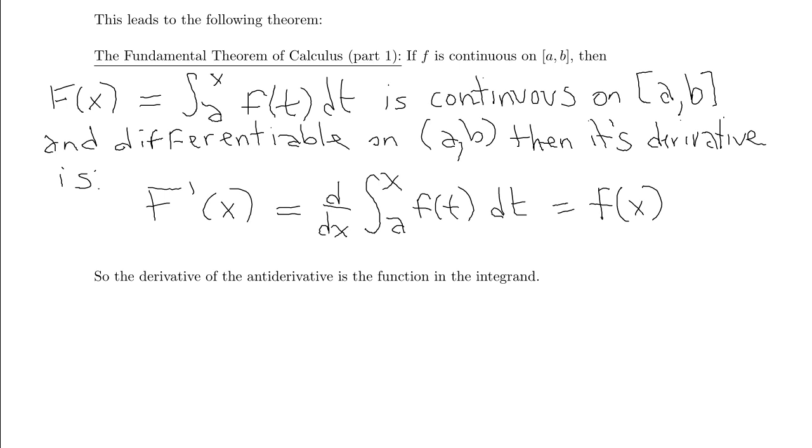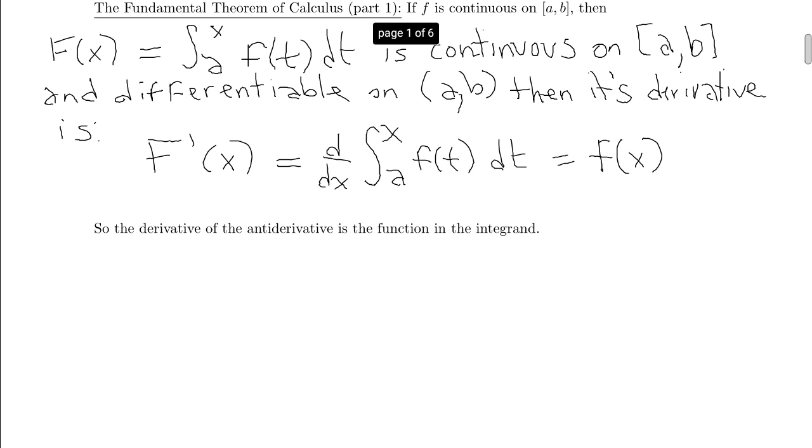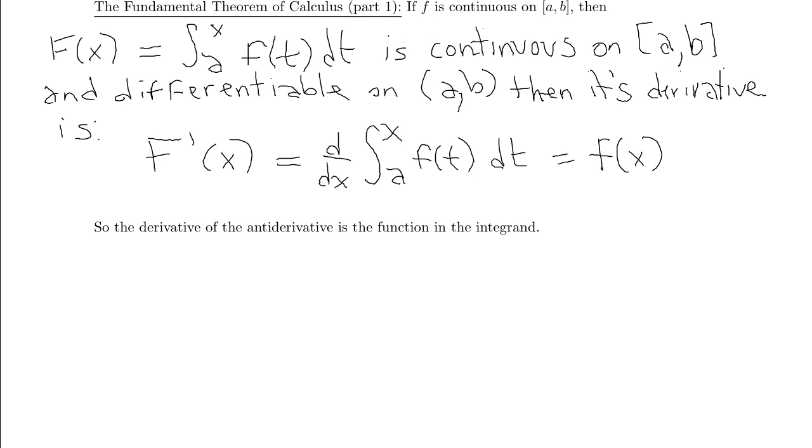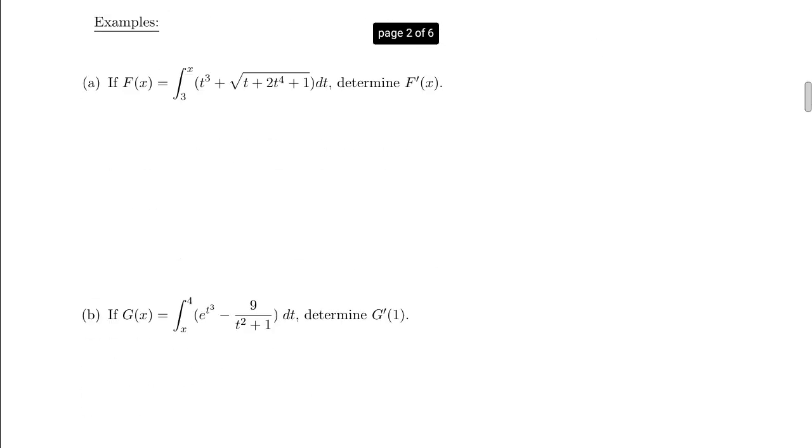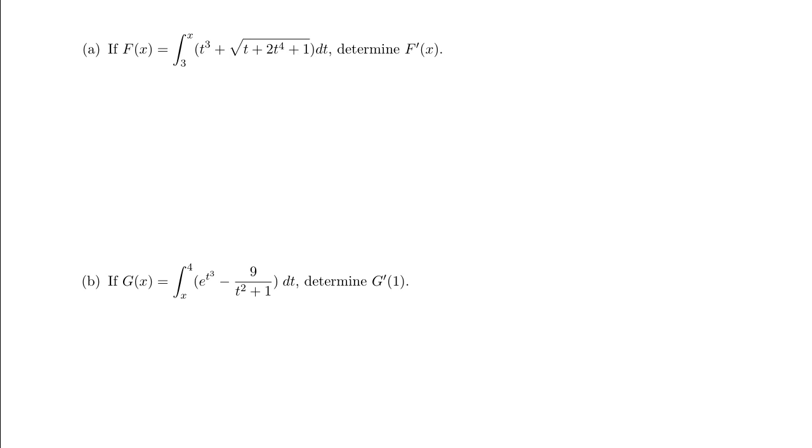So let's look at some examples using this theorem. This theorem is very specific. Our integral has a constant in the bottom bound and a variable x in the top bound. In our first example, we have big F of x equal to the integral from 3 to x, so it's taking that same form, with a constant on the bottom bound and an x on the top bound. And this function here is little f of t.